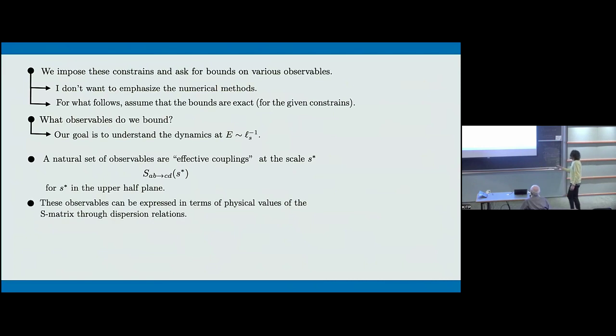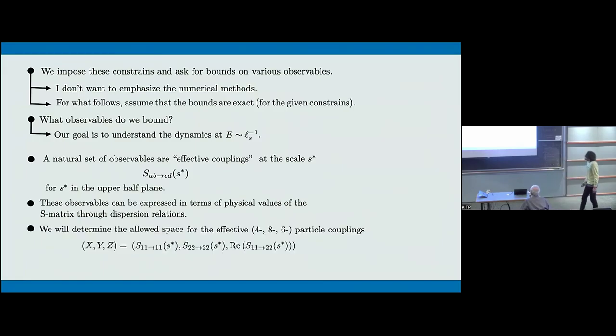These observables can be expressed in terms of physical values of the S matrix through dispersion relations. And so we'll choose today to determine some allowed space for these effective 4, 6, and 8 particle couplings defined in this way by just evaluating the S matrix at S star, and we'll take S star to be i over the string scale.